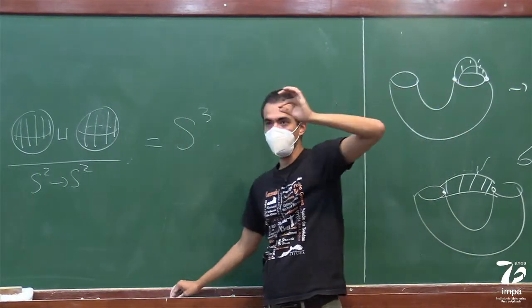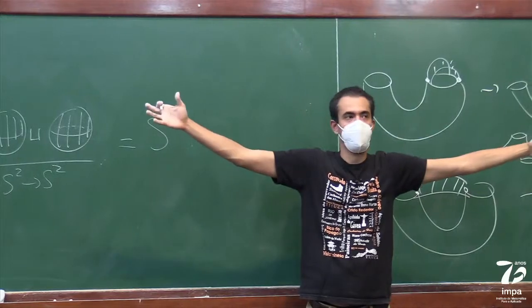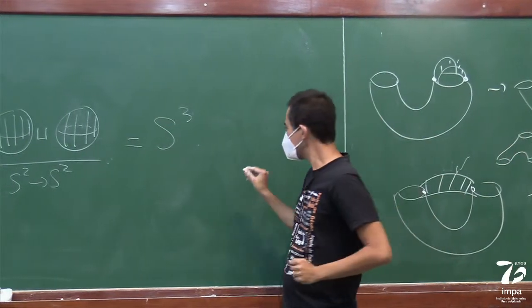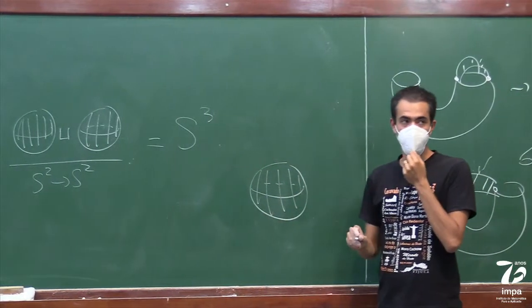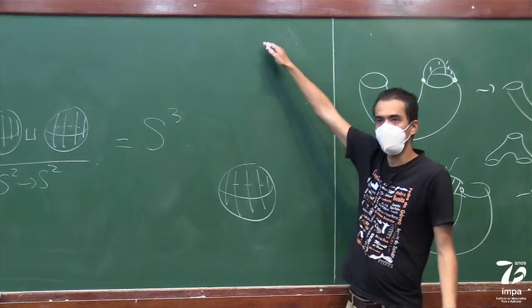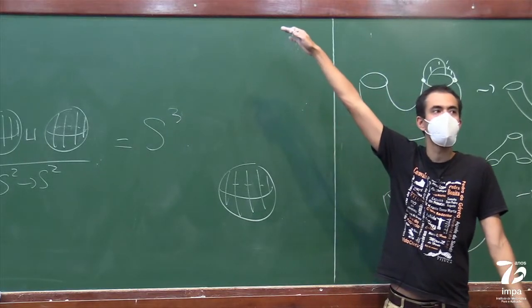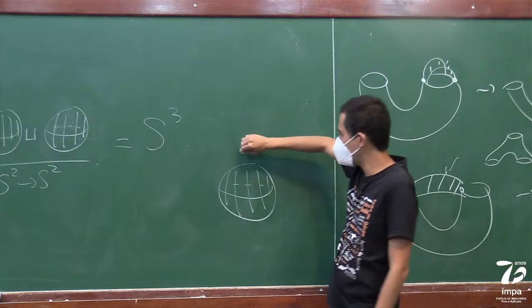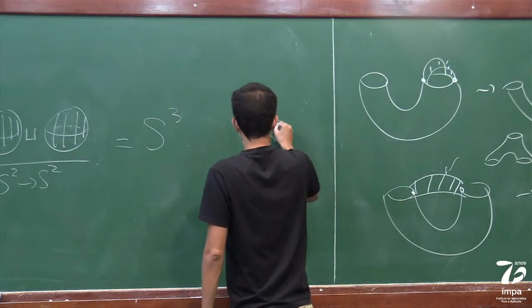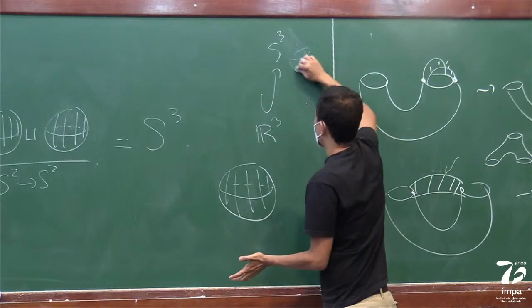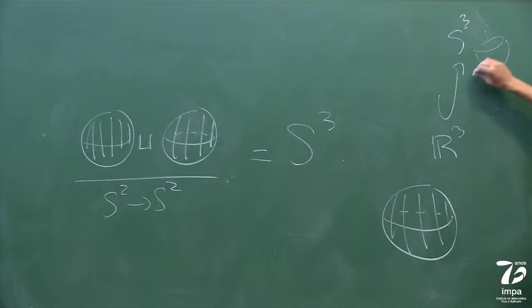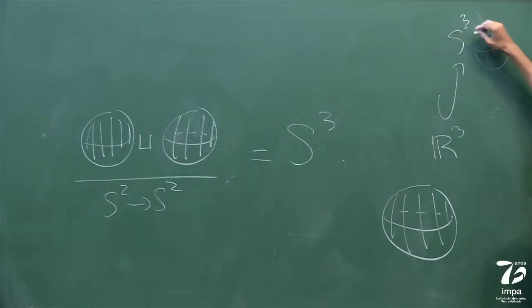So when you think about the sphere, after the stereographic projection, you remove a point, and then you get all of R3. So you can think about a ball inside of R3, and the stereographic projection basically tells you that the complement of this ball is a punctured ball also. So this is your R3 inside of S3. One of the balls corresponds to one of the hemispheres, and the complement of the ball corresponds to the other hemisphere minus a point.